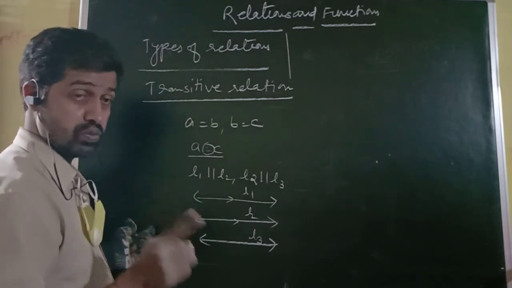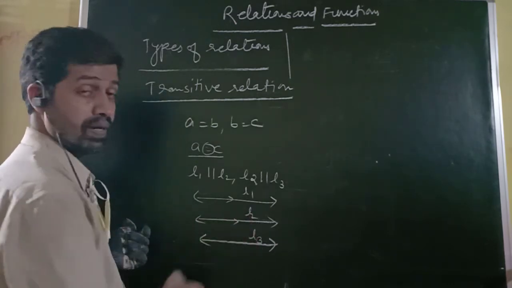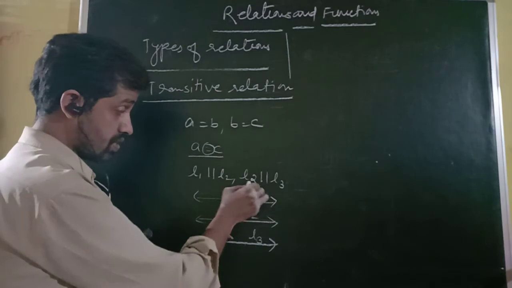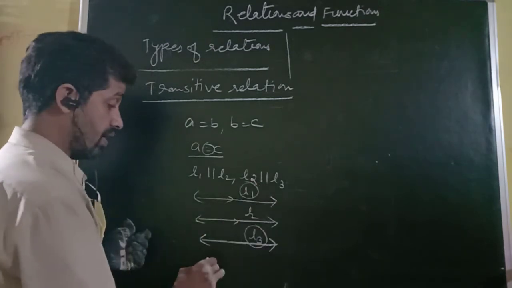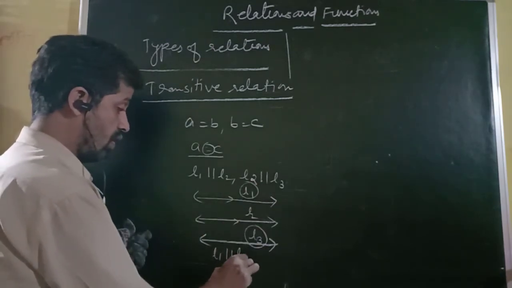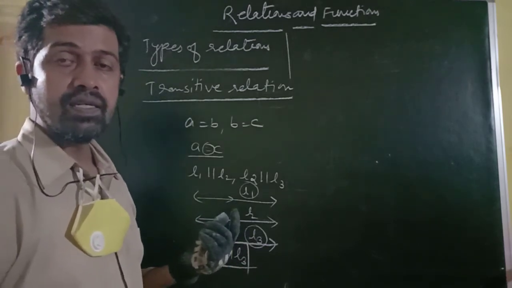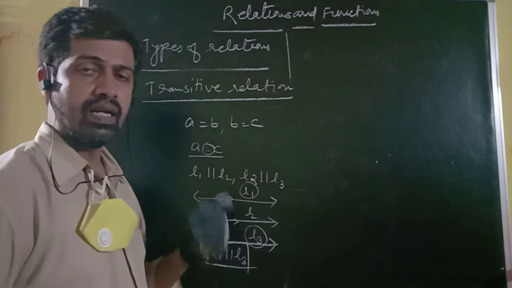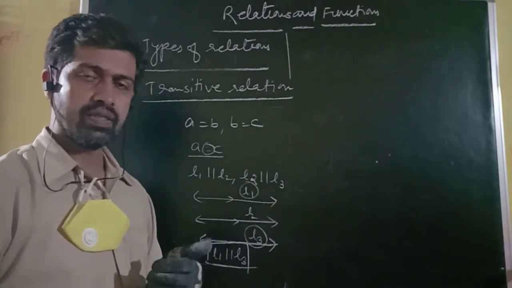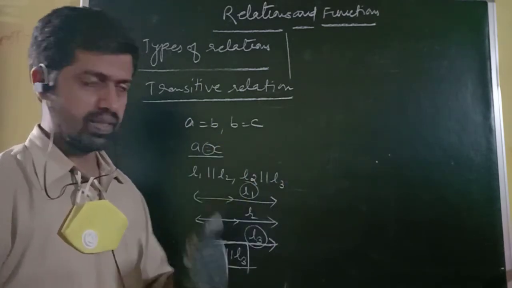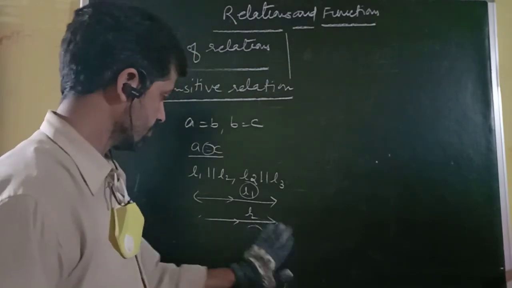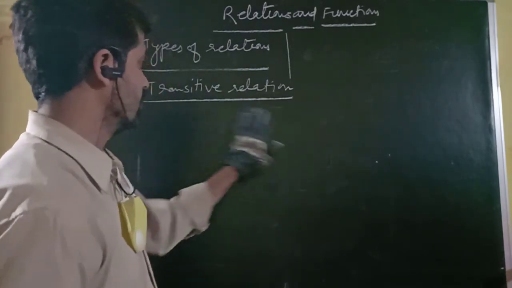I am talking about 2D. Then it is true that line 1 is parallel to line 3. So parallelism is a transitive relation. Likewise, we have congruency, similarity, and some other relations. That is the meaning of transitive relation.